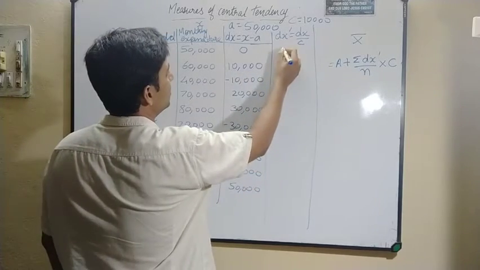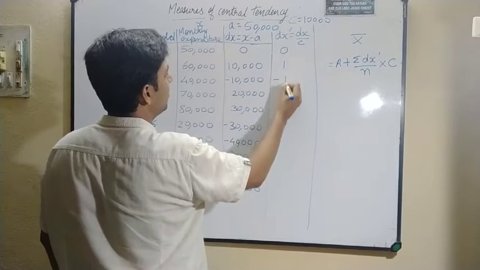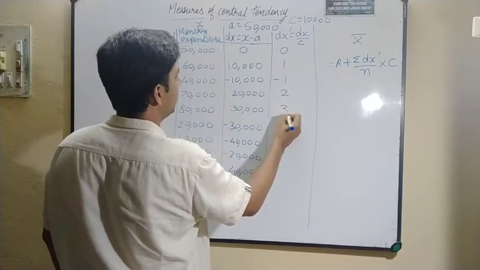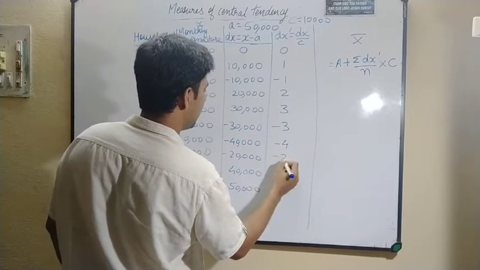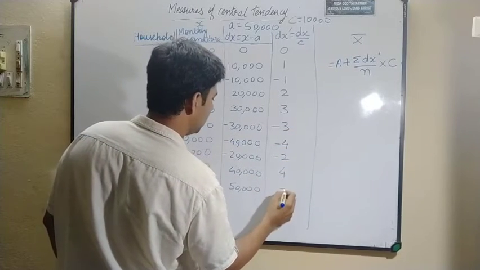So this will be 0, this will be 1, this will be minus 1, this will be 2, this will be 3, this will be minus 3, this will be minus 4, this will be minus 2, this will be 4, this will be 5.